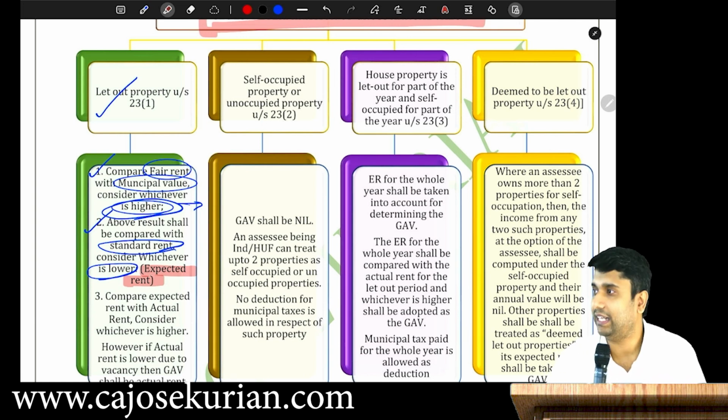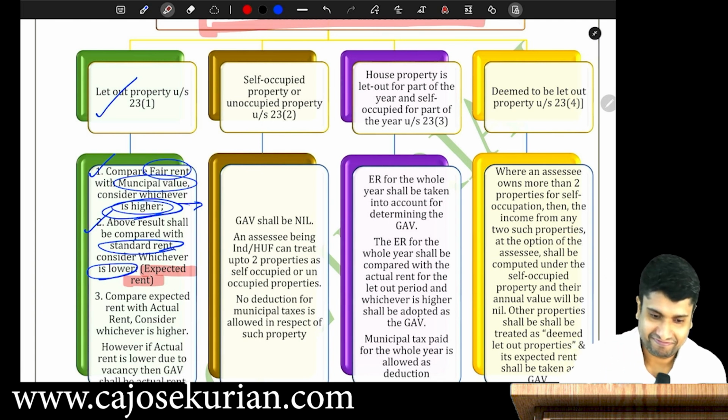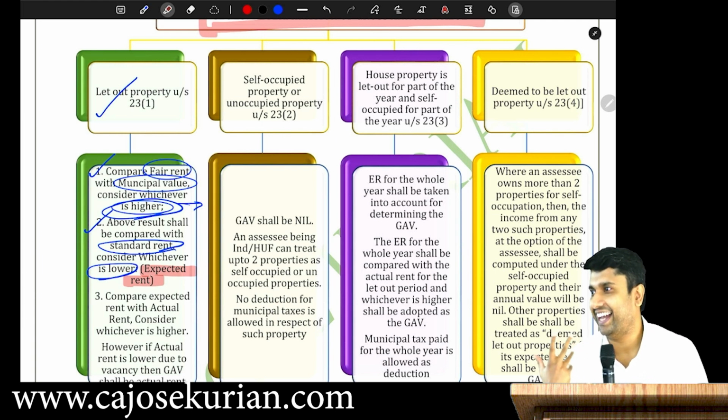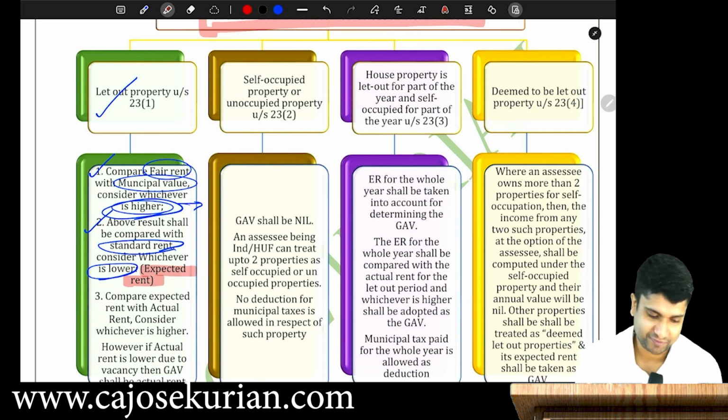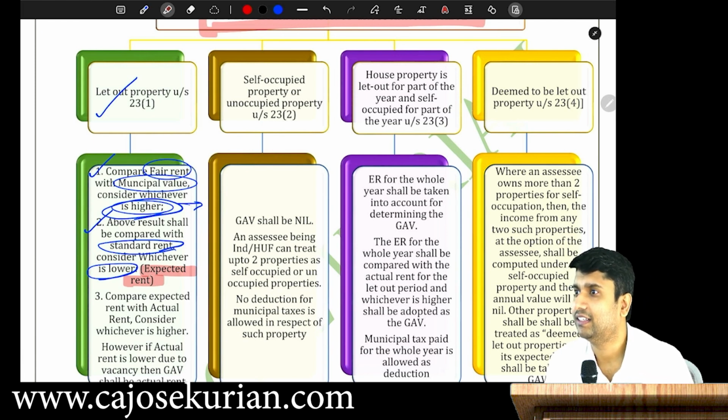If you are a 90s-born person, you will have that fascination towards Indian 1. It's a cult classic movie. Someone mentions a movie called See a Topper.